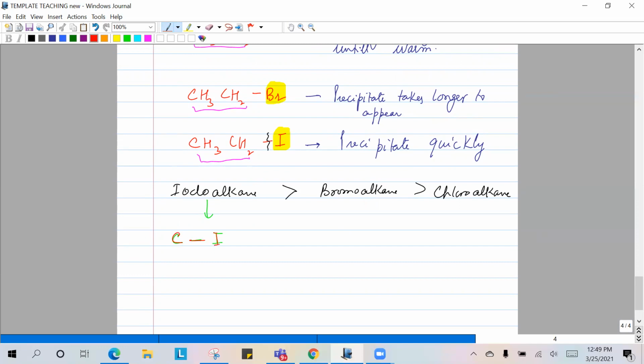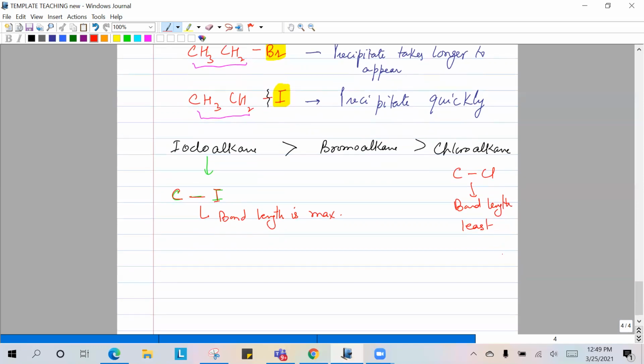bond length, this bond length is maximum, while over here the C-Cl bond length among these halogens is the least. So if this is maximum, it breaks easily. Bond length is maximum means it breaks easily.